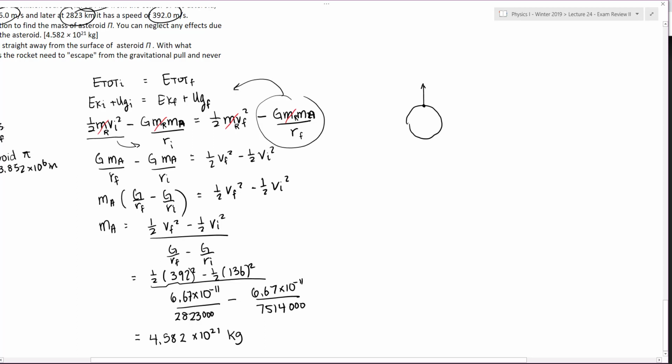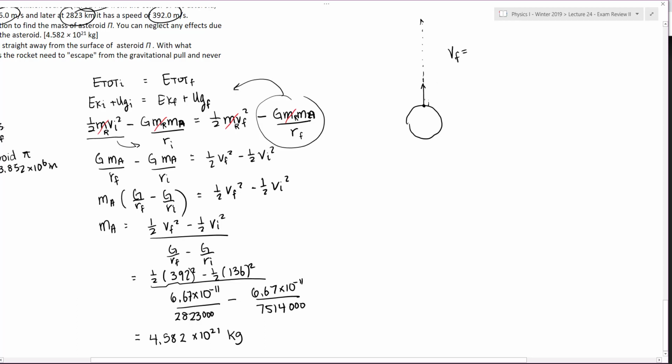If that velocity is not high enough, the rocket's eventually going to slow down and come right back to the surface. But if that velocity is high enough, that rocket is going to reach an infinite distance away and never come back.